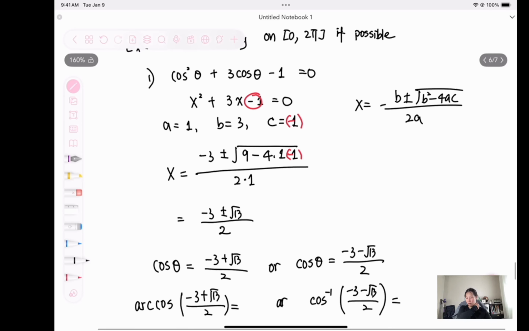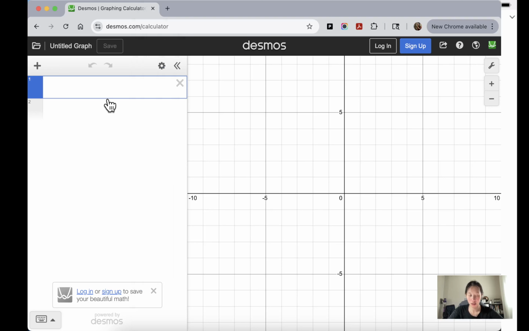Okay, I know that we can solve it, so we need to use a decimal to help us solve the solution. Okay, decimals, we have arc cosine of -3 plus square root of 13 over 2.